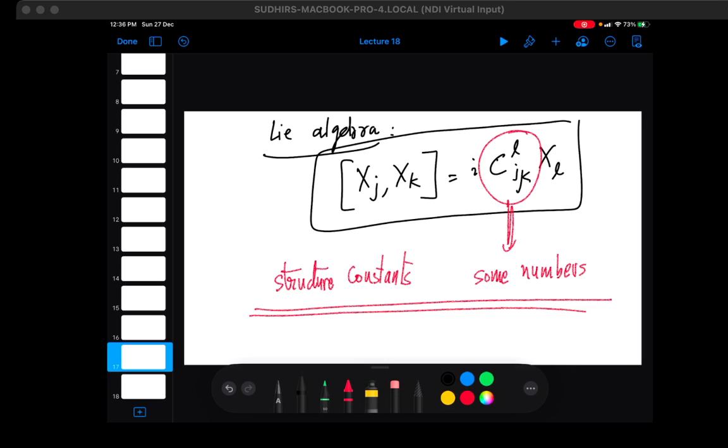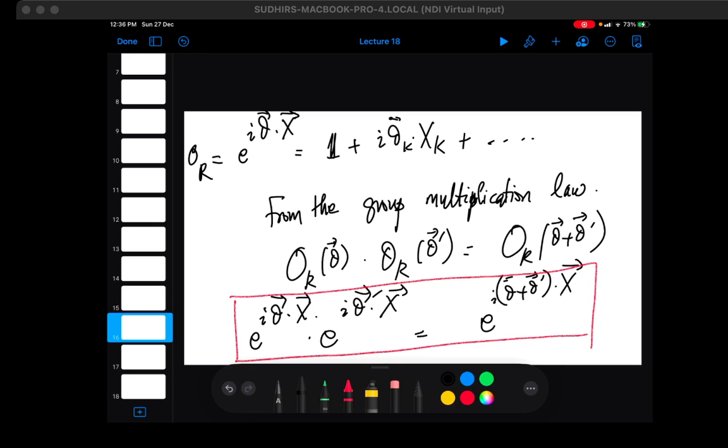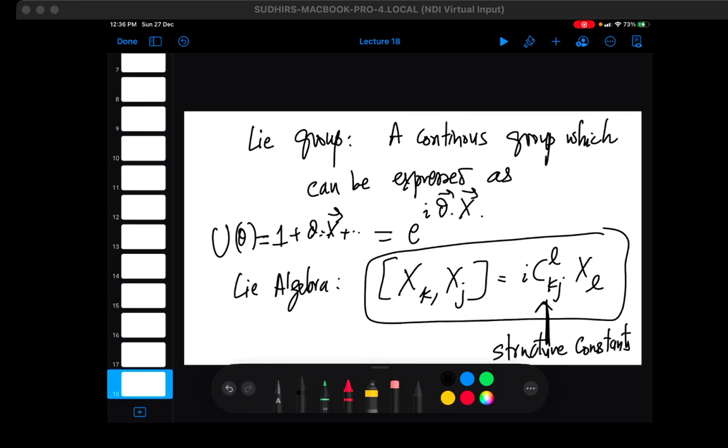So the non-abelian nature of this entire group is sort of encoded in these structure functions, and that's an important point actually.